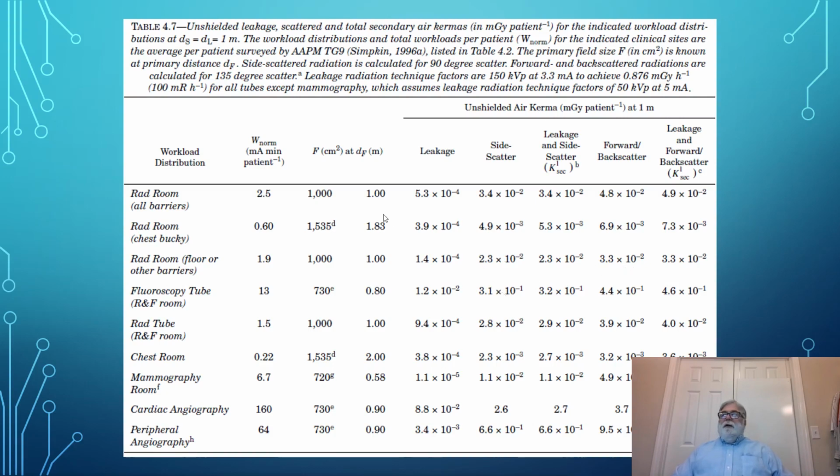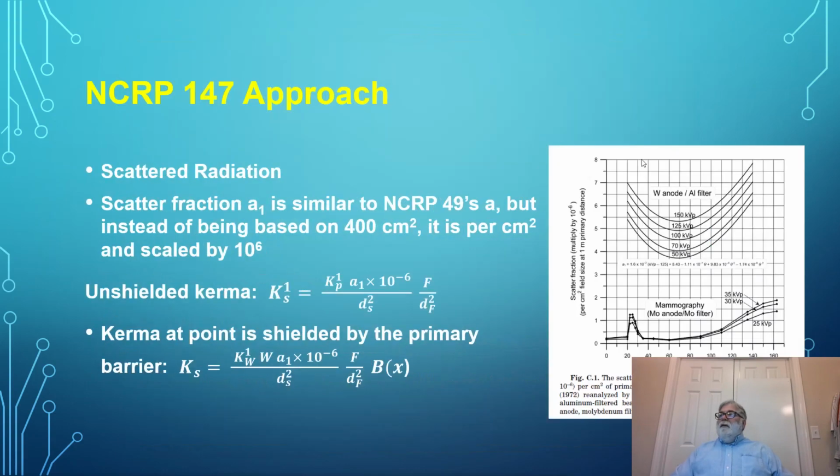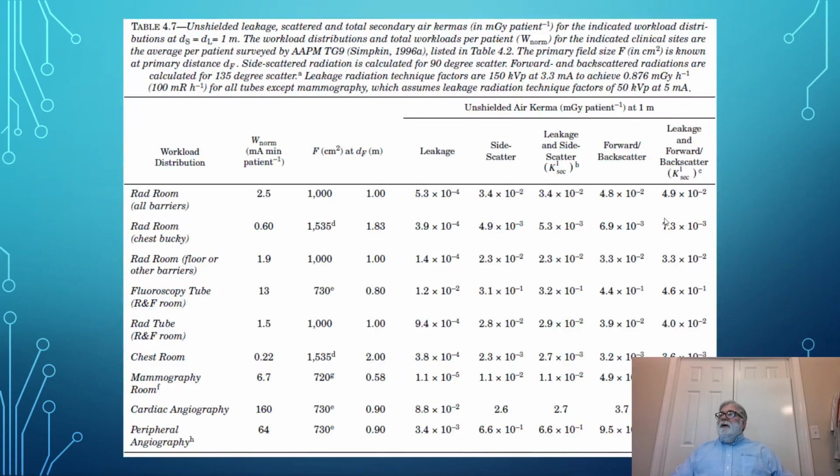And then for the forward and backward, that is these ends, low angle, high angle, they calculate the sum as well. The leakage is the same. There's scatter that's lateral, scatter that's forward and backward from the tube, and they give that sum for you as well. Okay, all the different kinds of rooms that they've calculated.